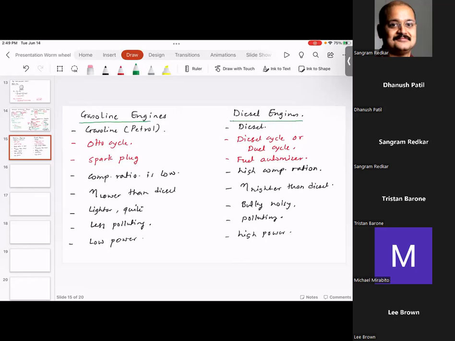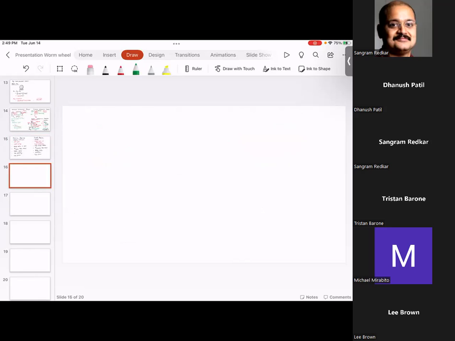So let's talk about the components of an engine. What are the components of an engine?